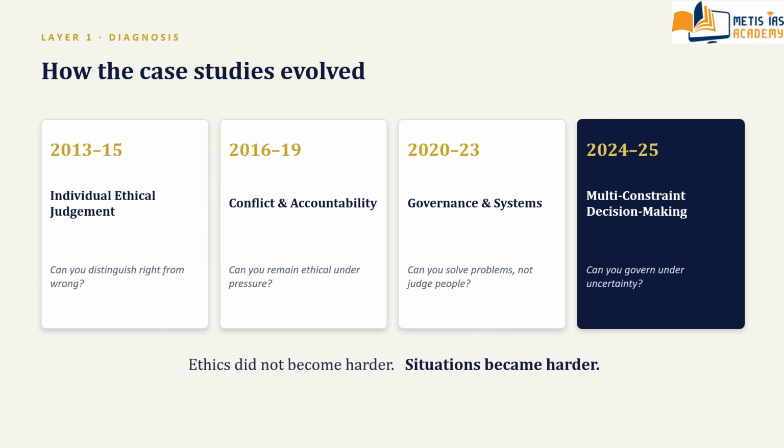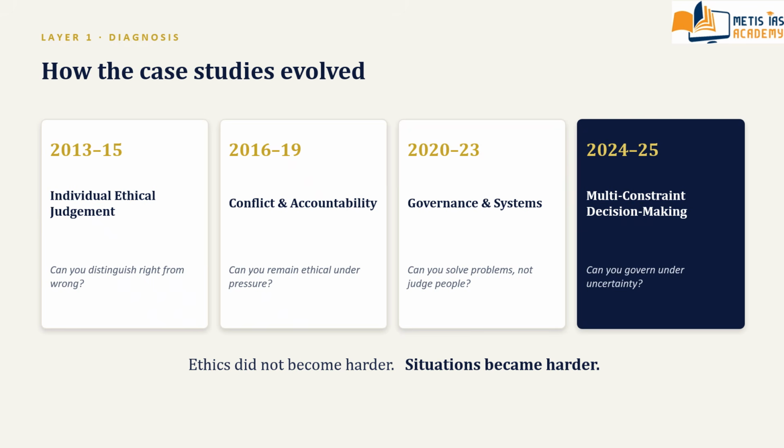From individual ethical judgment, then conflict and accountability, then governance systems, and finally multi-constraint decision making under pressure. This is the evolution of case studies from 2013 to 2025.